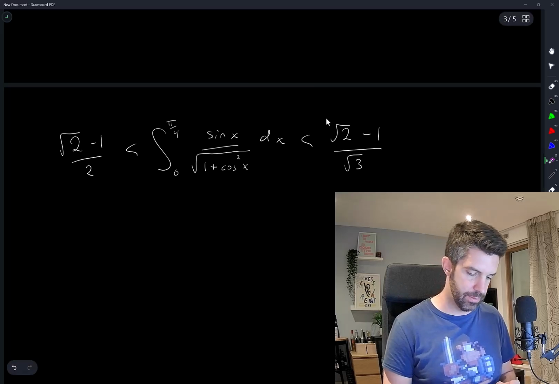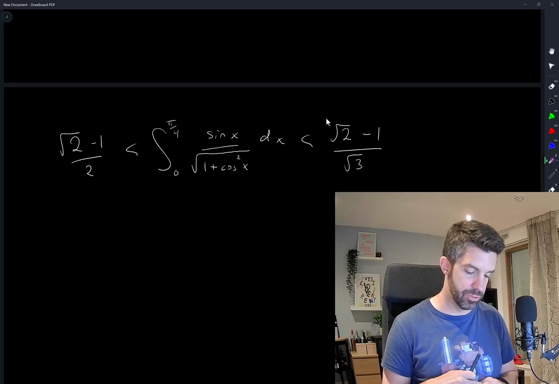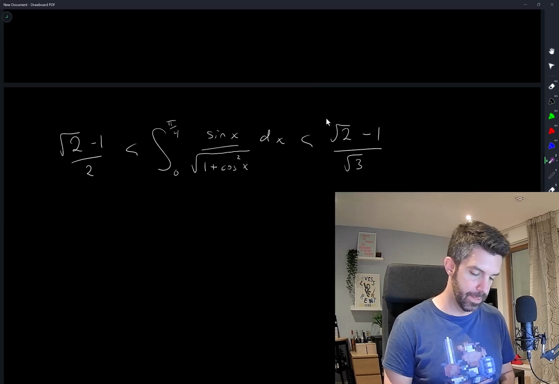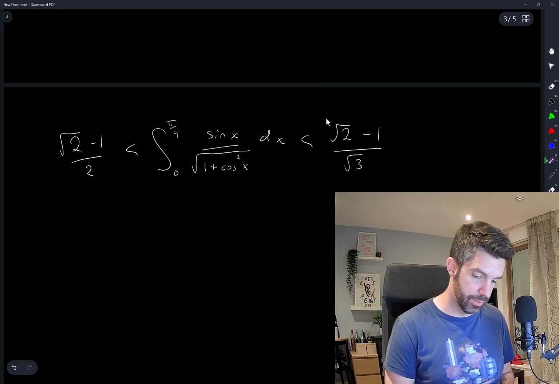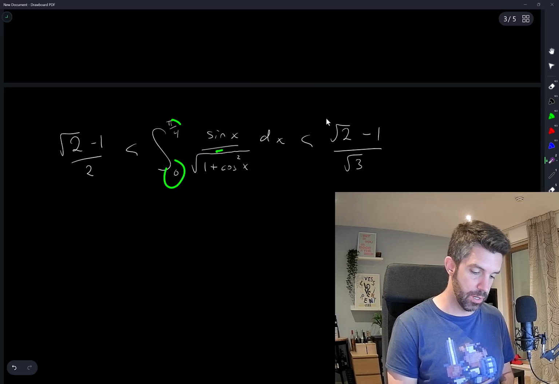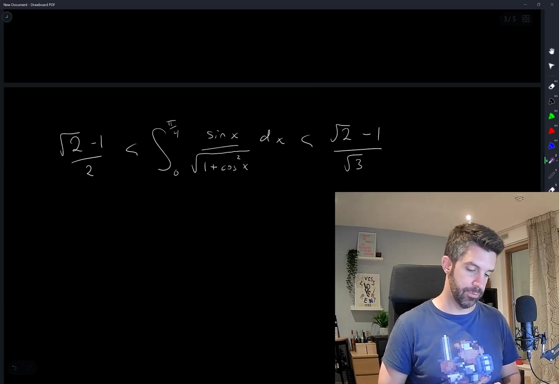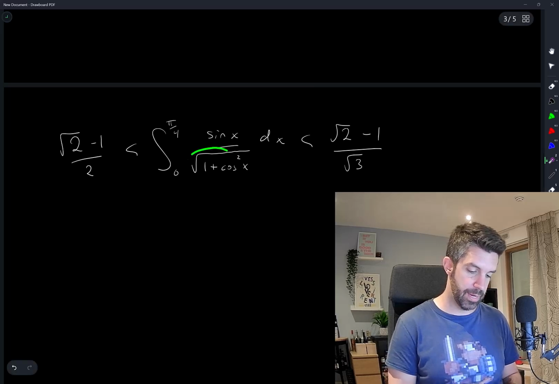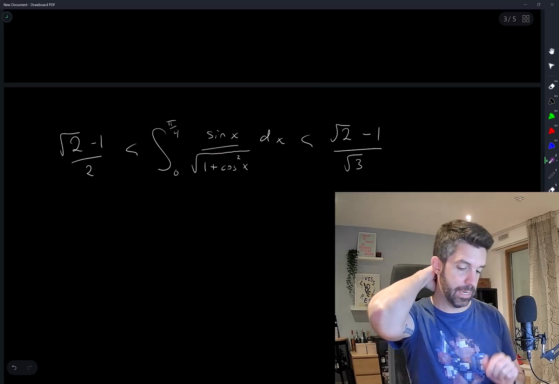Like, I didn't know for sure that this approach would work from the outset, but the key here, I suppose, was just putting bounds on the denominator based on the interval of integration, and then understanding how, if you minimize that, then you maximize the whole thing, understanding how those inequalities work.